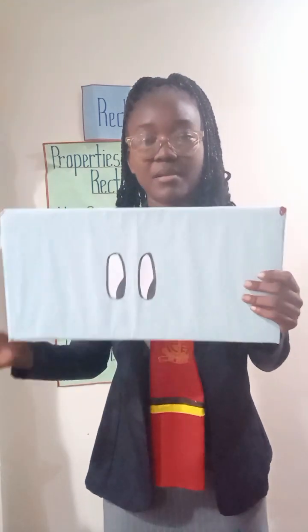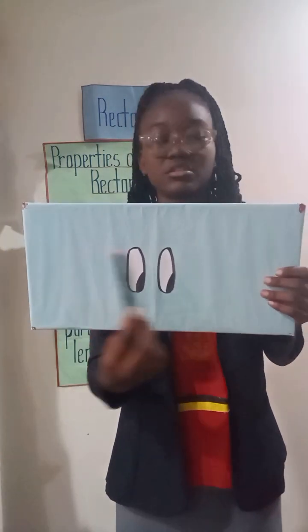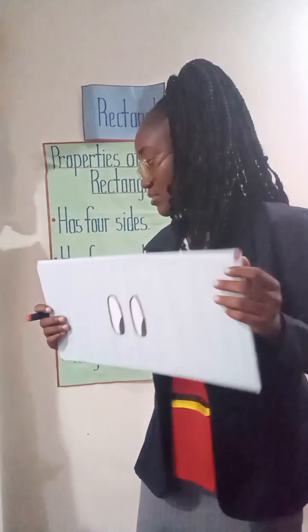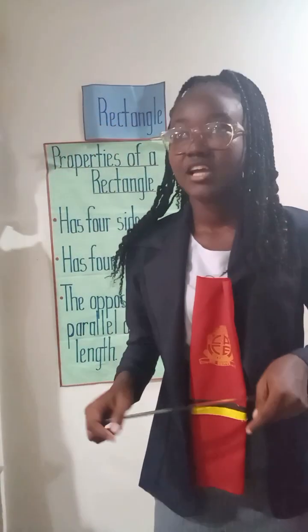As you can see, remember you have your rectangle in your hand. It's not for you to play with. Just look and observe as we are discussing, so you can follow along. Now I want you to look around in your classroom and see if you can find any object with a rectangular shape. Can you name some? The chalkboard. Very good, Malachi.